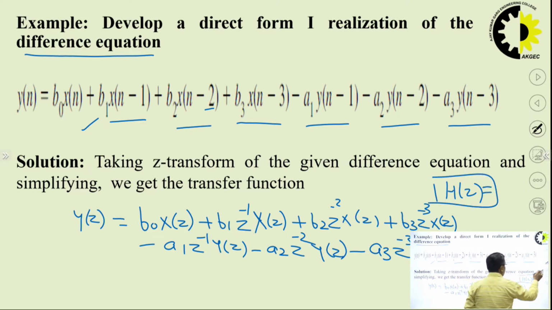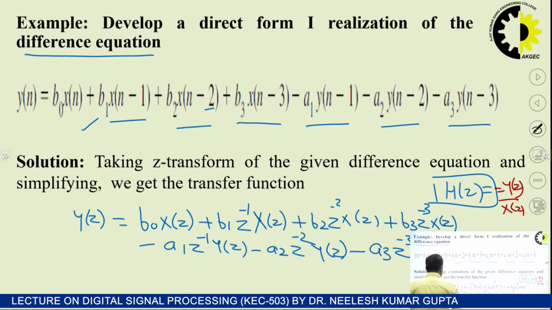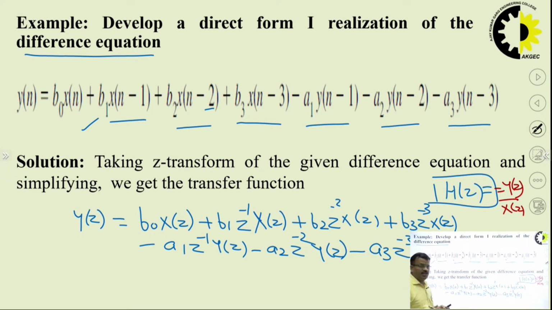What is H of z? H of z is equal to Y of z upon X of z. Now you have to take Y of z and X of z terms on both sides. Separately you have to separate the terms of Y of z and X of z.